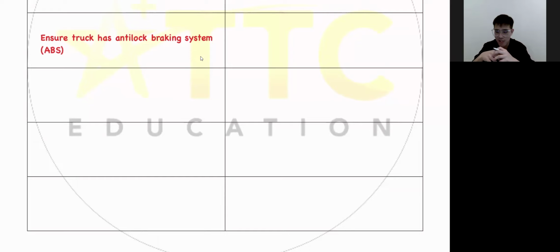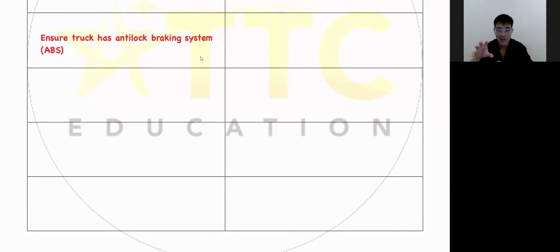So that's why it's very, very dangerous. So instead of that, engineers design it so that when you apply the brake pedals on the car, the tires will not be locked entirely. Instead of locking the tires to slow down and stop the car, the car tires will rotate and stop at a very high frequency.